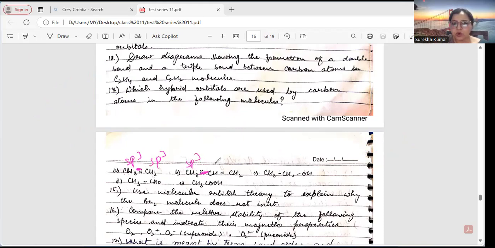A double bond carbon is always sp2, sp2. Single bond, sp3, CH2 also showing single bonds, sp3. We do not have to write down the hybridization of any element other than carbon. CH3, sp3, CHO. In CHO, carbon is always sp2. This is the aldehyde group. In the acid group also carbon is showing sp2, and here it is showing sp3. Right?